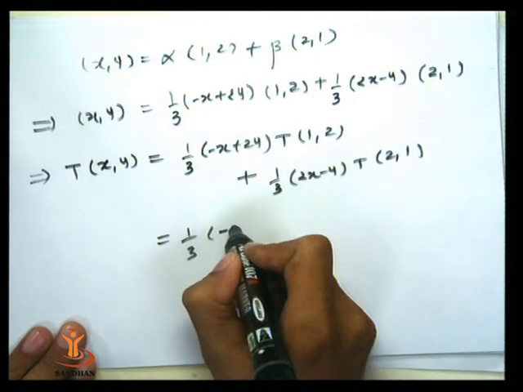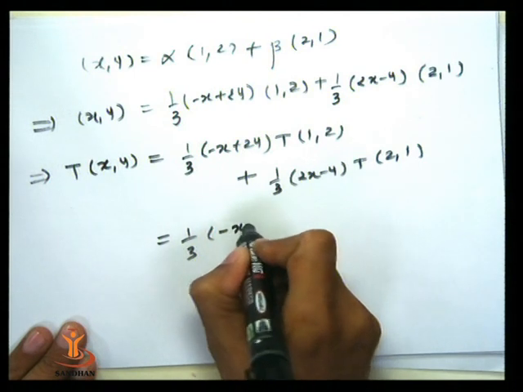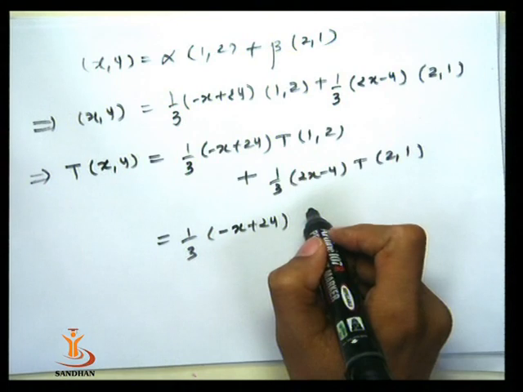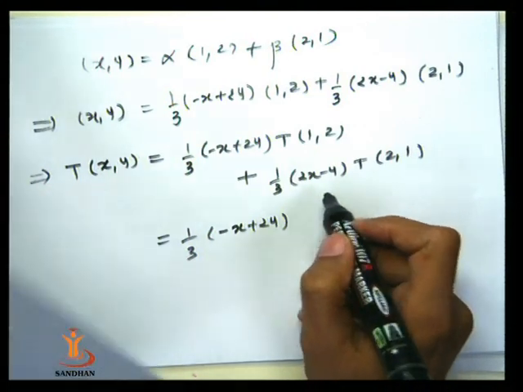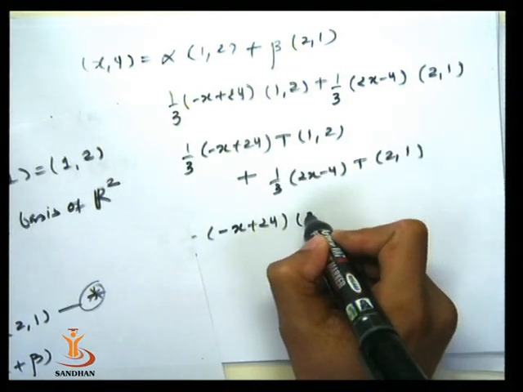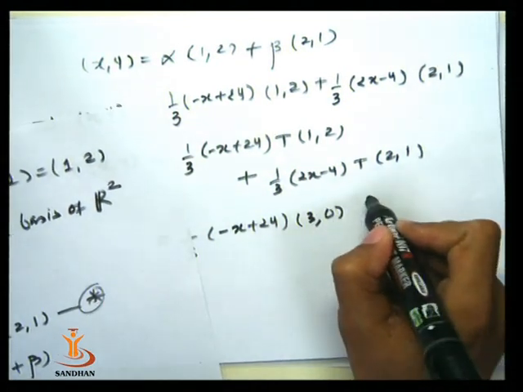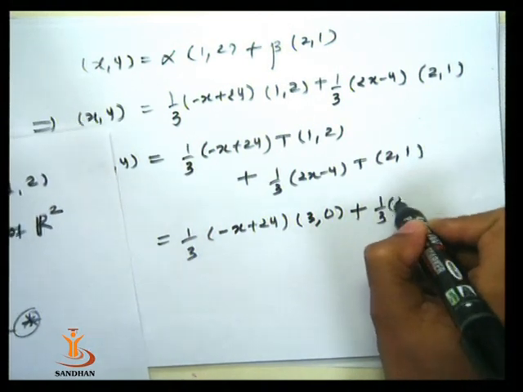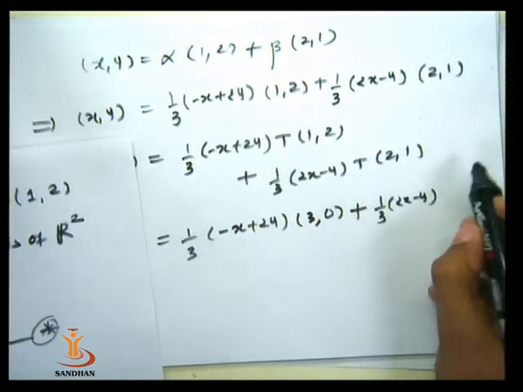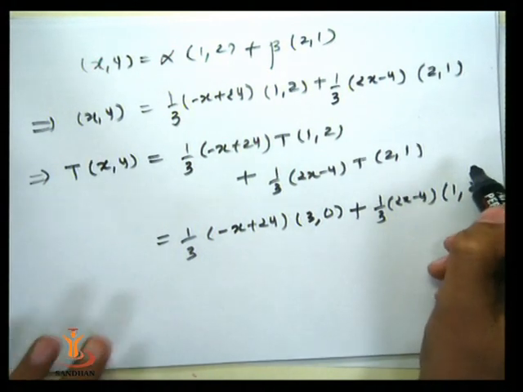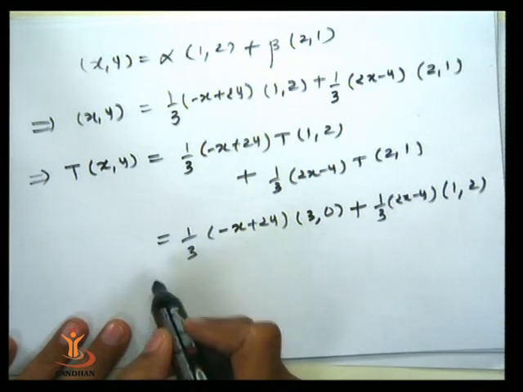So we put in 1/3 times (-x + 2y) into T(1,2), which is given as (3,0), plus 1/3 times (2x - y) into T(2,1), which is given as (1,2).